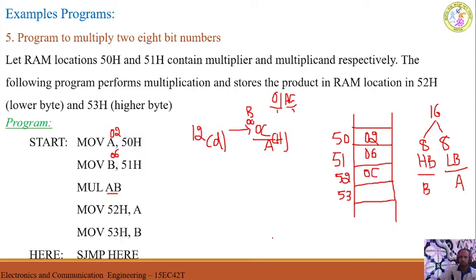And then MOV 53, B. What is B? B is equal to 00, because in this case there is no higher result. Therefore 000C is the answer. And then SJMP here. This is how we can multiply two numbers. You can take some larger numbers here, and with the help of a calculator in hexadecimal mode do the multiplication and observe the result.